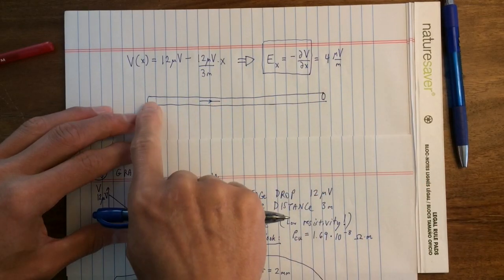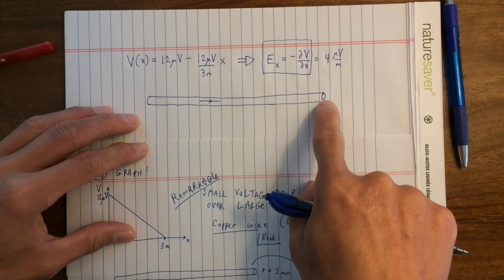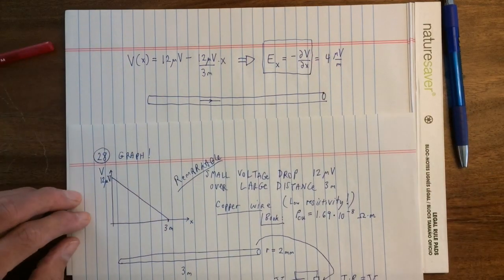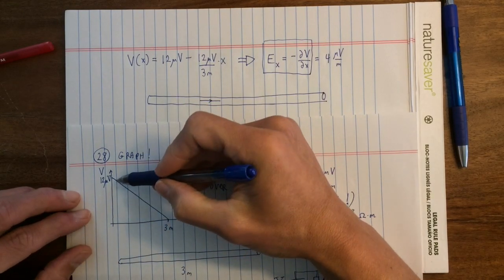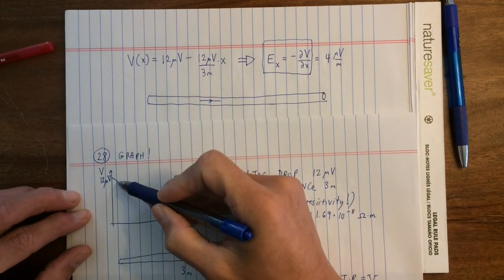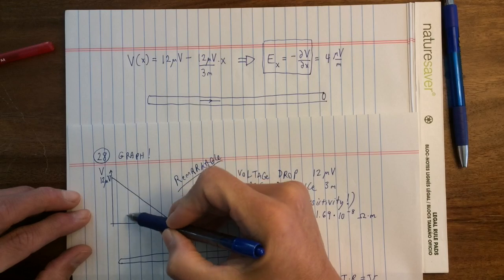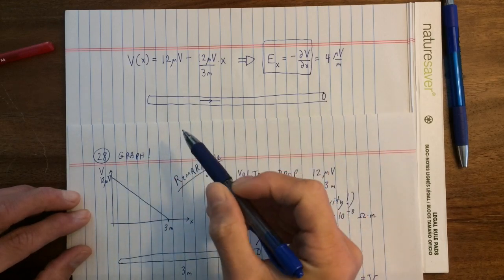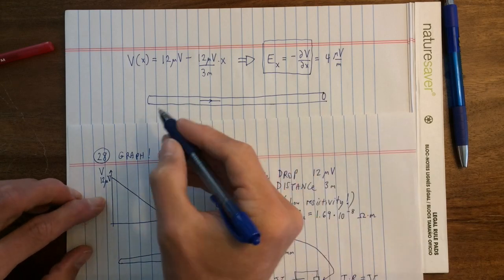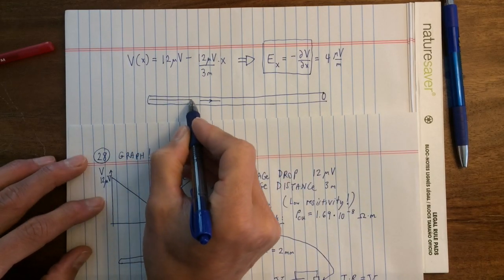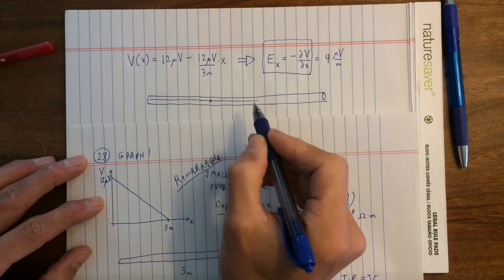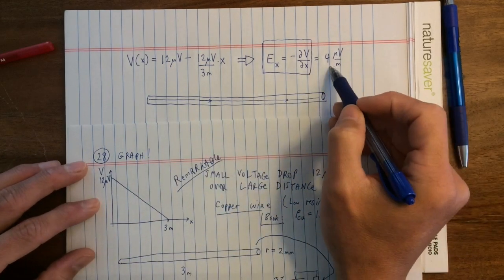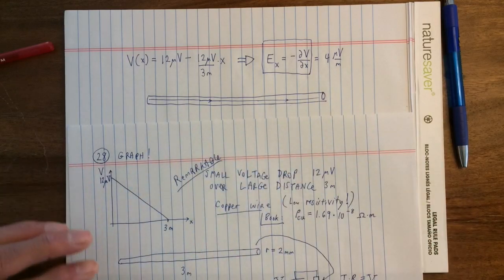So inside, all the way from here all the way to there, because the derivative is constant, right? It's got this constant slope everywhere. So for every x position, or every position along the wire, I've got the same value of electric field. I have the same slope. So this electric field is constant inside of the wire, right? So it's got the same strength everywhere along the wire.